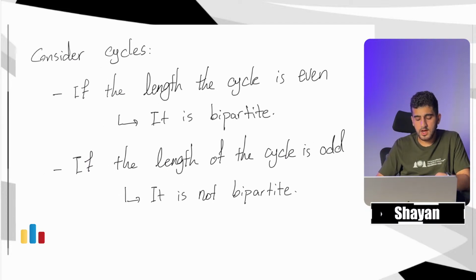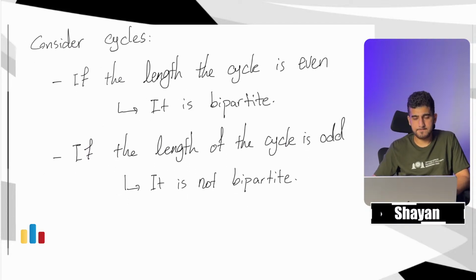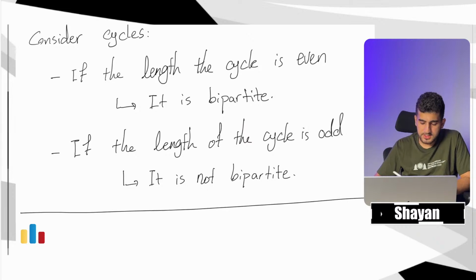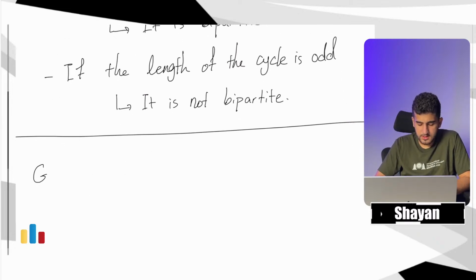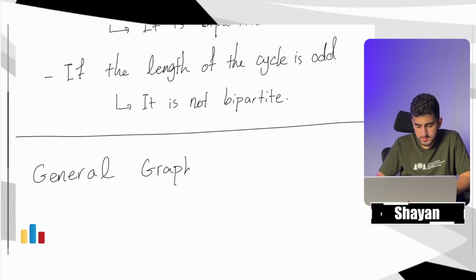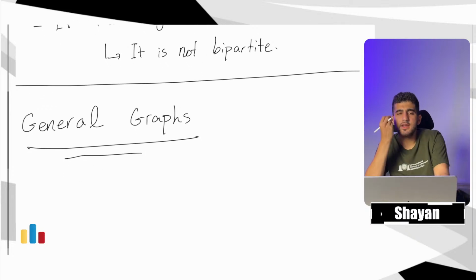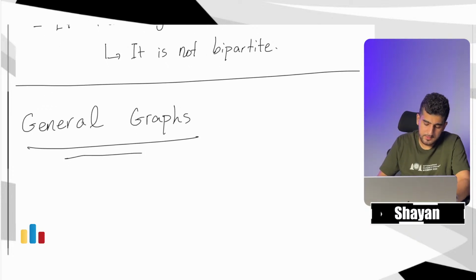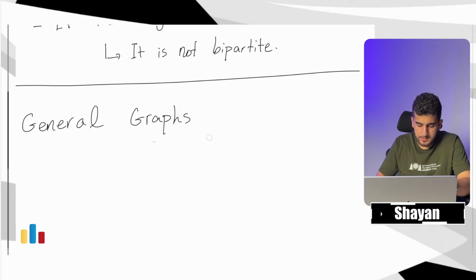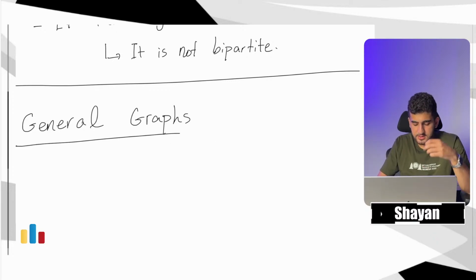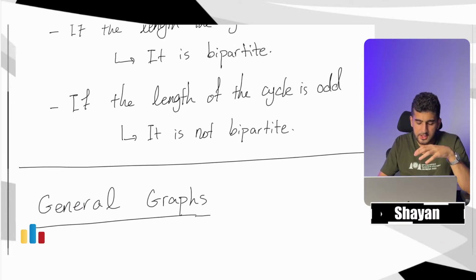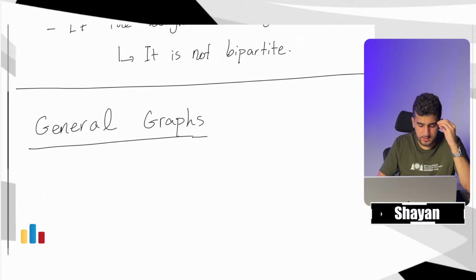So now what we want to say is this. Let's talk about general graphs. We just considered all the cycles. Now let's talk about general graphs. Can you say any fact about general graphs now? I don't want you to tell me the final answer. Just by what we said, you can say a fact.